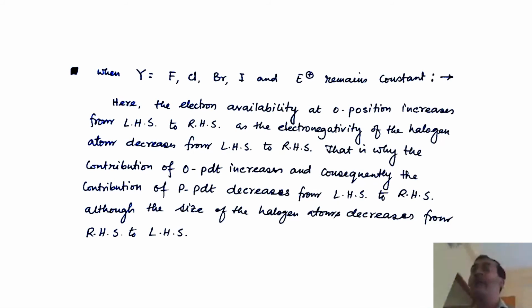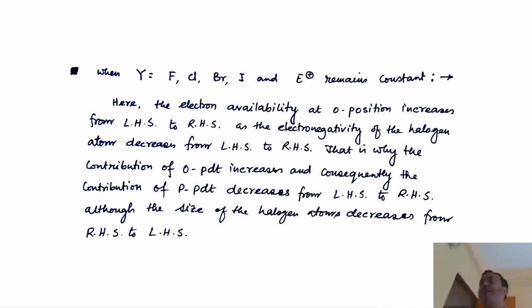Here it says the electron availability at the ortho position increases from left hand side to right hand side. That is because the electronegativity drastically decreases. So that means at the ortho position, electron availability is much more when you go from fluorine to iodine. Is it clear? Let me tell you again. When we see the halogen series, we see that the size increases from fluorine to iodine.